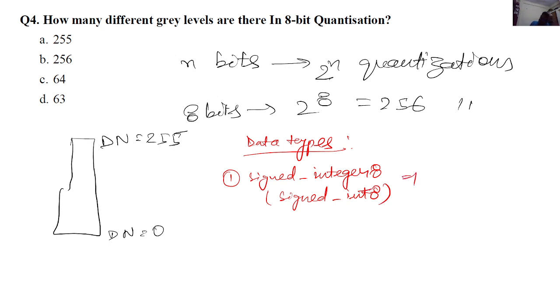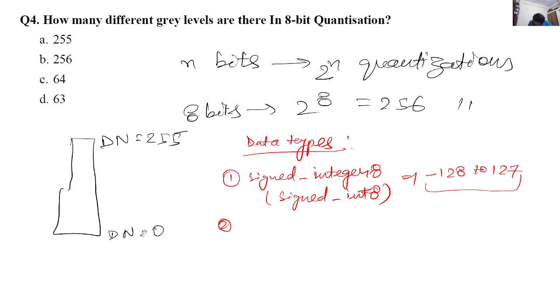In this, if there is an 8-bit thing, then there are 256 quantizations, but it is signed, so it will contain negative values also. So they store values from minus 128 to 127. If you observe, the total number of numbers is nothing but 256 itself in this case, but it is a signed way of writing the same data.